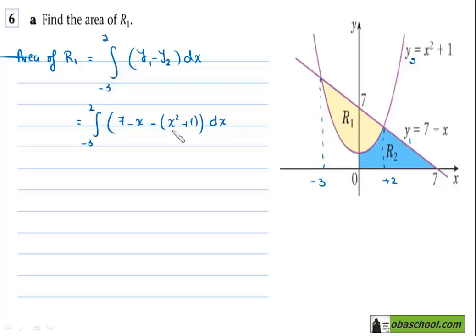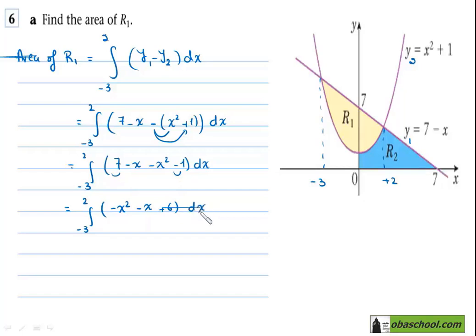Okay, let's organize it. Here we have from minus 3 to 2, 7 minus x. We multiply the minus inside the parentheses, so minus x squared minus 1 dx. Let's continue. Integral from minus 3 to 2, minus x squared minus x plus 7 minus 1 is 6, so plus 6, dx.